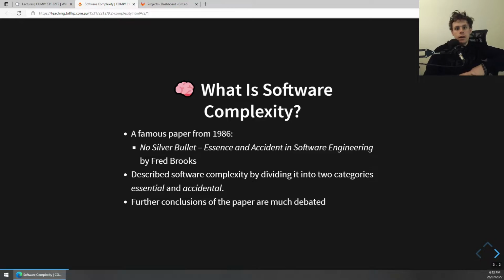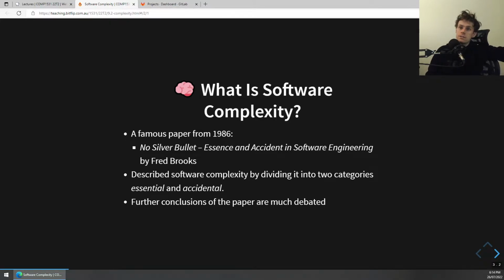Generally speaking, one way we can describe software complexity is dividing it into two different categories. We said that complex software is something that's confusing or messy or many pieces, spaghetti. It's the opposite of simple, clean, elegant, easy to understand, very modular.